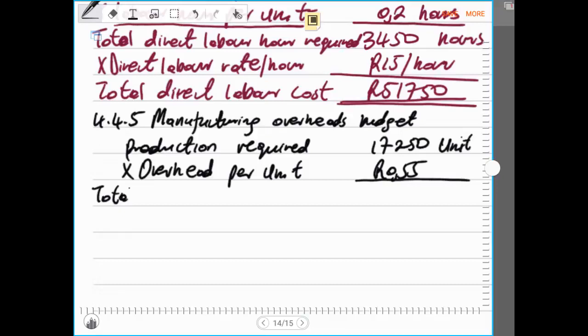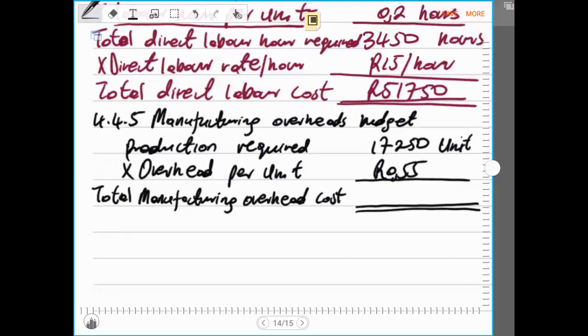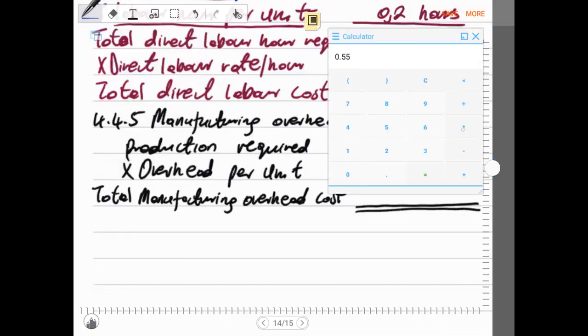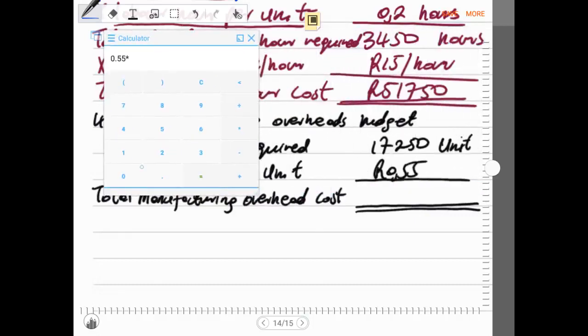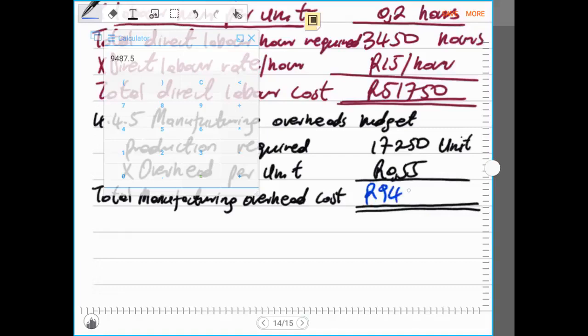The answer there will be total manufacturing overhead cost. The total manufacturing overhead cost is 55 cents times 17,250, and it will be 9,487 rand 50 cents.